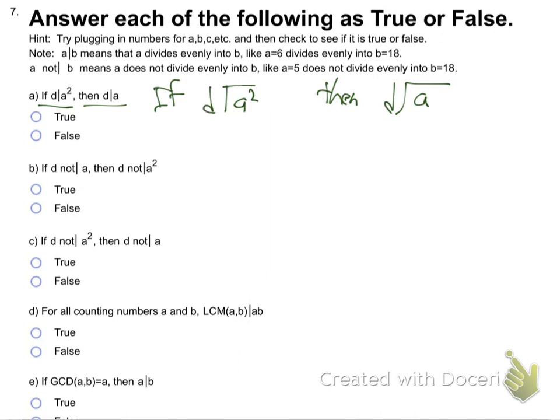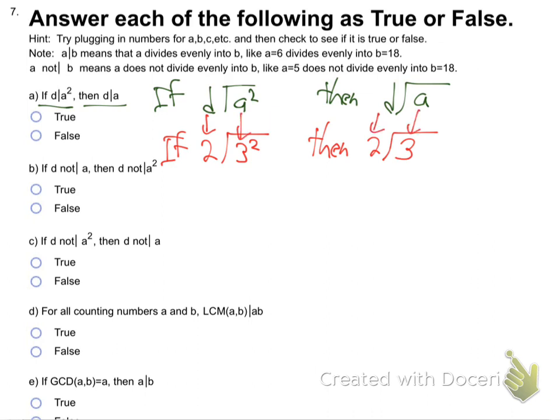What if I try putting in like 2 goes into 3 squared, then 2 goes into 3. So I just picked D to be 2, A to be 3.